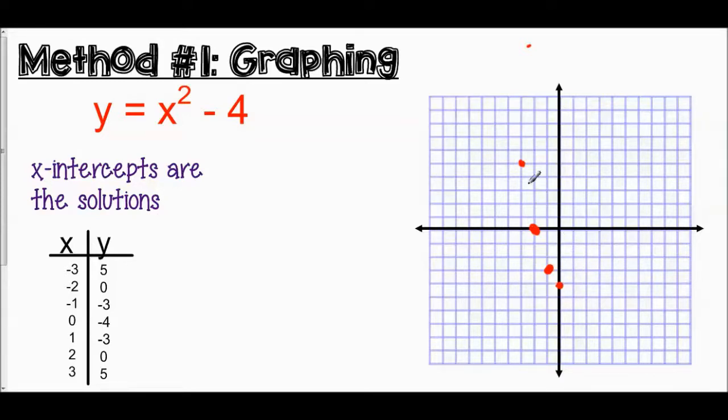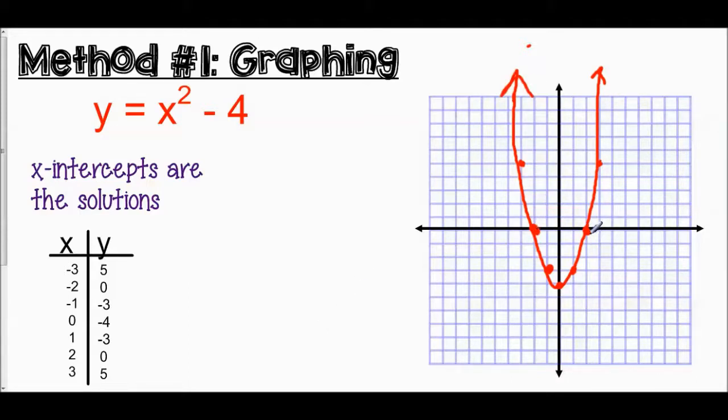And then I can tell that the y-axis is actually going to be my axis of symmetry, because 1, negative 3 is another coordinate. Then 2, 0, and 3, 5. So let's attempt at drawing that up there. Kind of a U shape, has a curve to it. So there is my parabola.